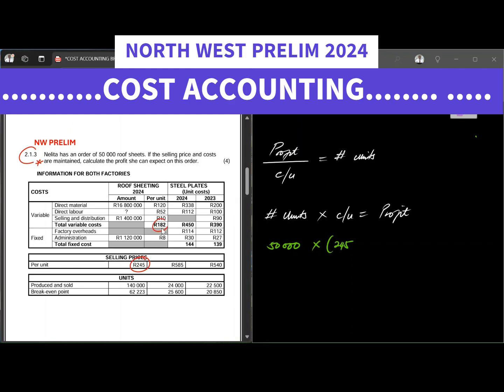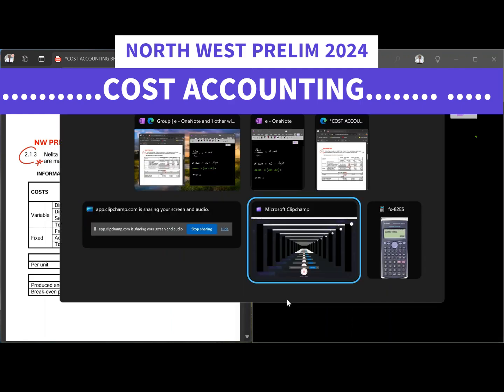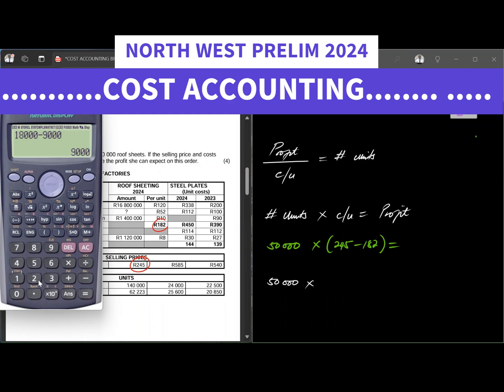And the variable cost per unit is 182, minus 182. That should be equal to your profit. So if I break it down again, it's going to be your 50,000 multiplied by the contribution. If I come here, let's hope the calculator is closed. There you are. So I'm going to say 245 minus 182, and that is going to give me 63.